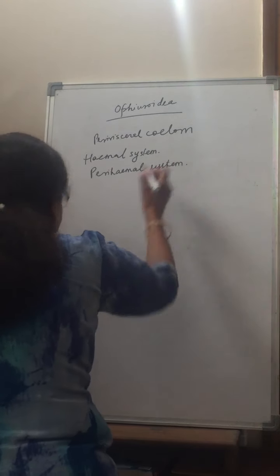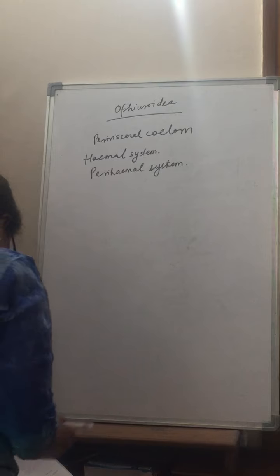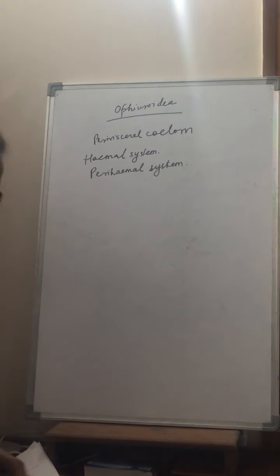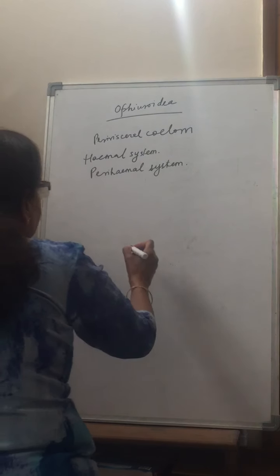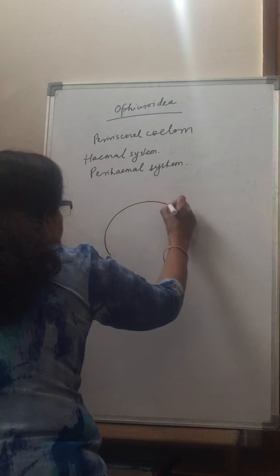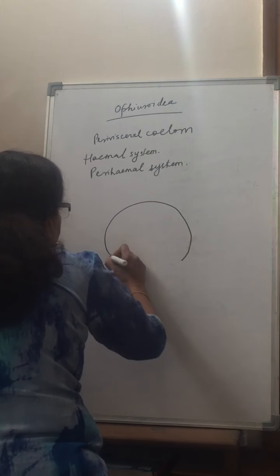So here, first of all, let us draw a diagram through the cross section through the arm of brittle star. So here this is the cross section of the arm.